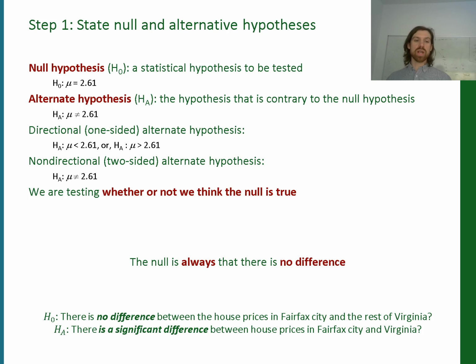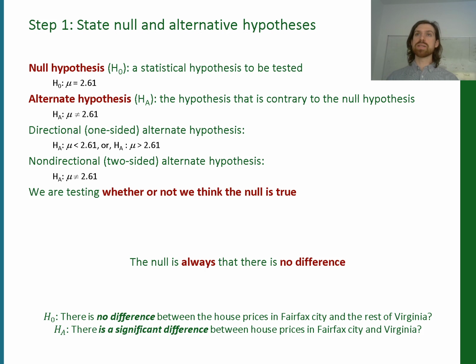So given that statement about the alternative hypothesis, we are also able to make directional alternative hypotheses. When I say directional, what we mean is that we think that the sample mean that we have is either larger or smaller than the population mean.